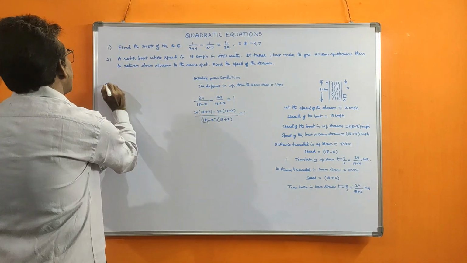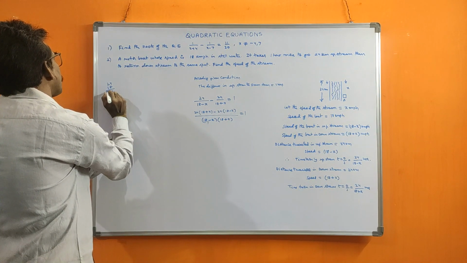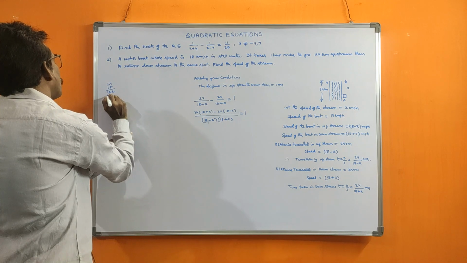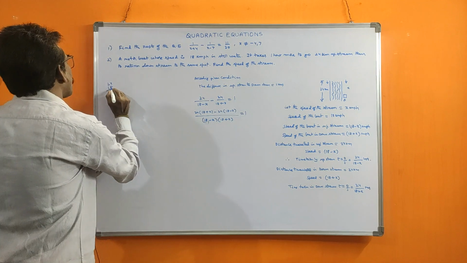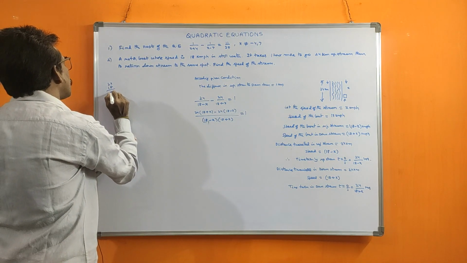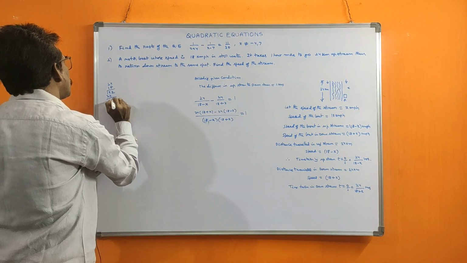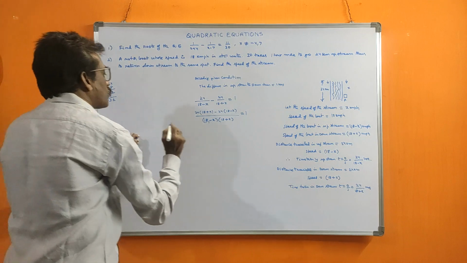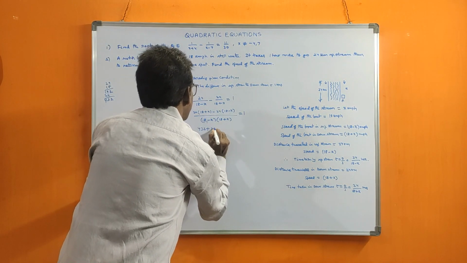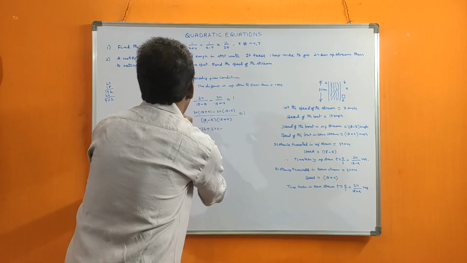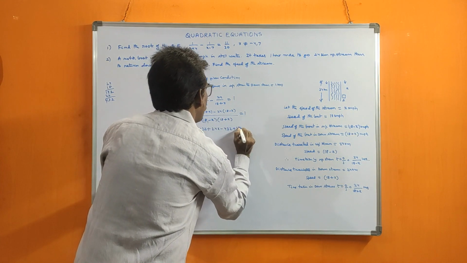You multiply 24 by 18: 8 fours are 32, 3, 10 plus 3 is 13, 432. 18 into 24 is 432 plus 24x, minus 432 minus into minus plus 24x.